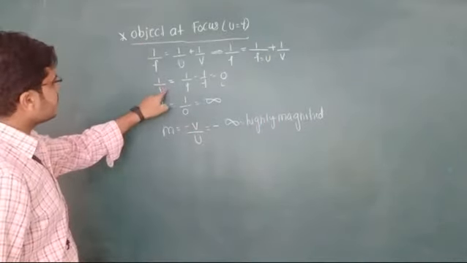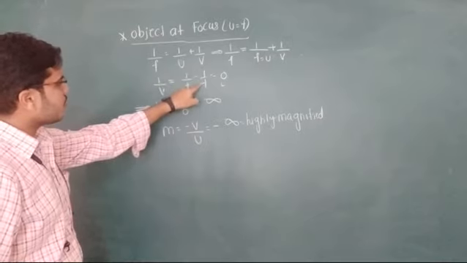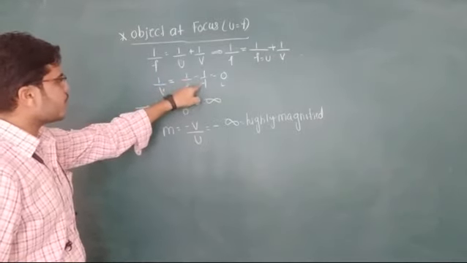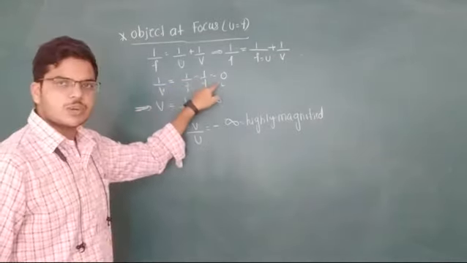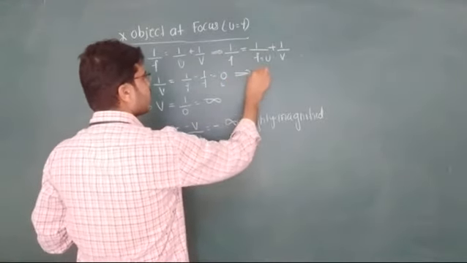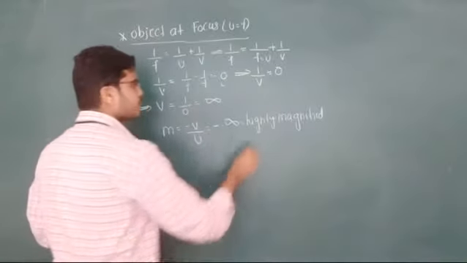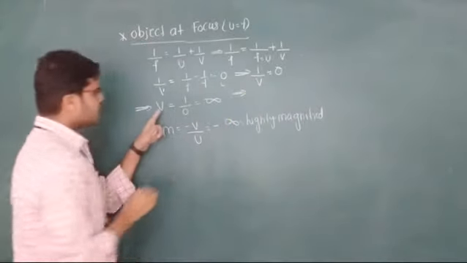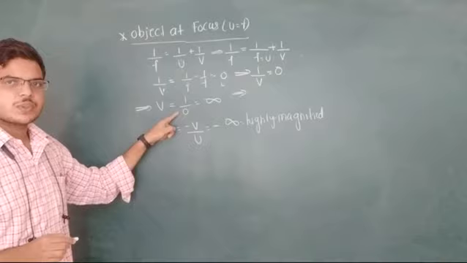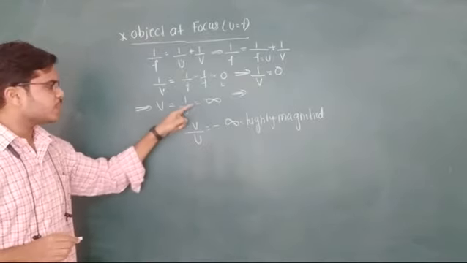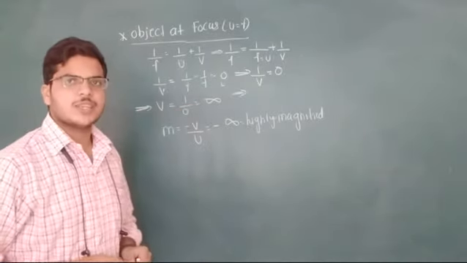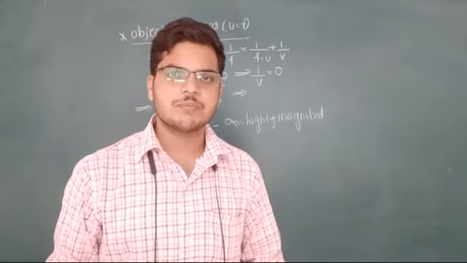Therefore 1 by v is equal to 1 by f minus 1 by f, which is 0. Now what is v? This implies that v is equal to 1 by 0. What is 1 by 0? 1 by 0 is equal to infinity. Therefore v is equal to infinity.